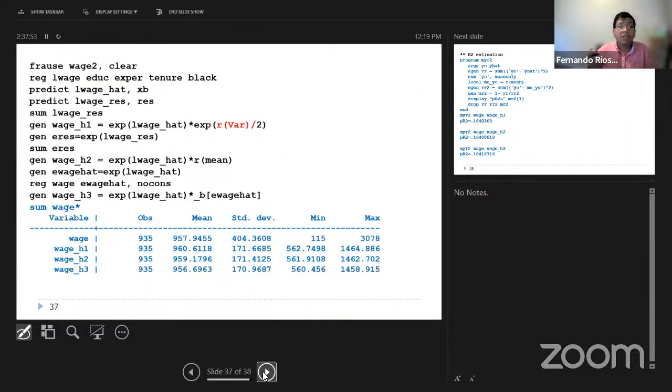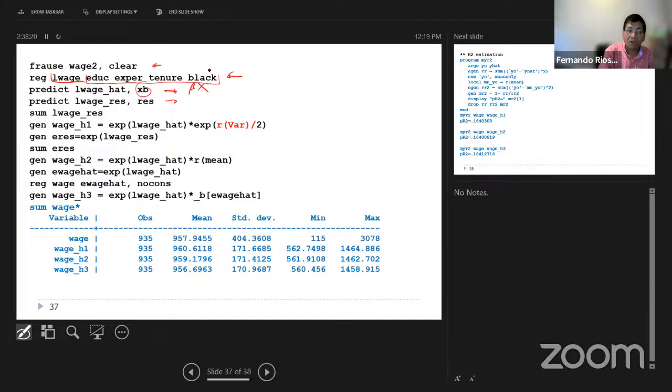So how do I do this in this data? For this, I'm using a different data set, and I'm running my regression with log wages as my dependent variable. Now here and here, what I'm doing is making the predictions of the betas times x's.